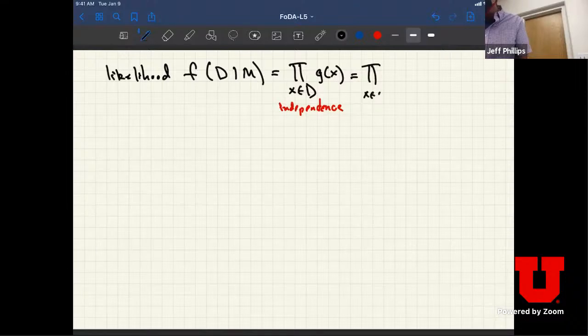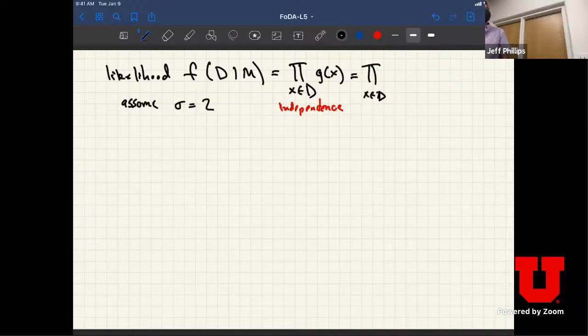This is a product over x in D, and let's say our model assumes that this sigma, the noise that we're drawing the data from when we measure someone's height, is Gaussian noise, and the standard deviation now is 2.